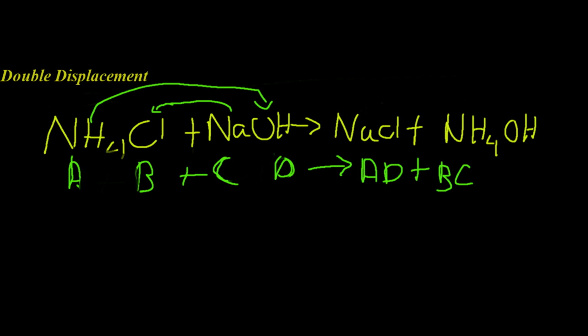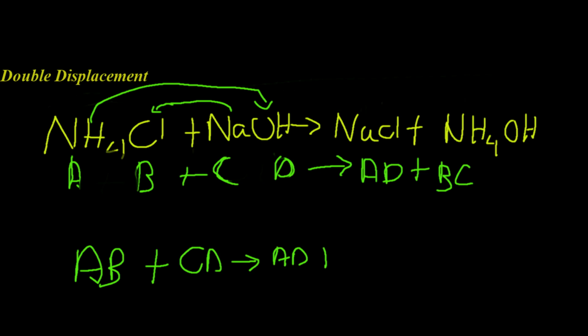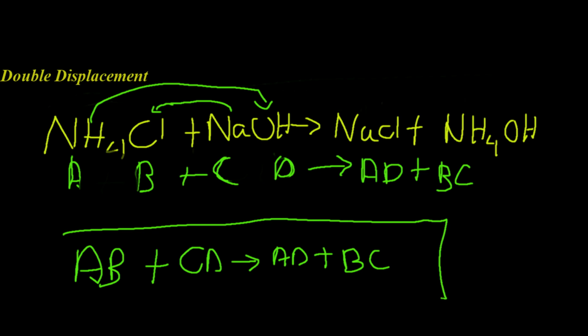So the general formula for double displacement reactions is simply compound AB plus compound CD produces compound AD plus a compound BC. And this is going to be the general formula for double displacement reactions.